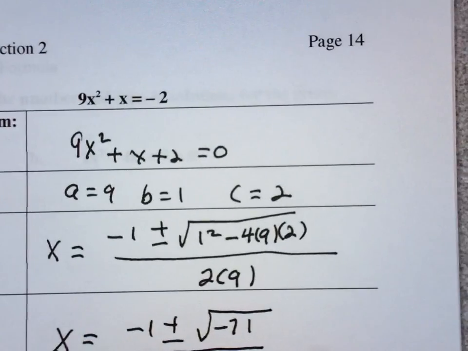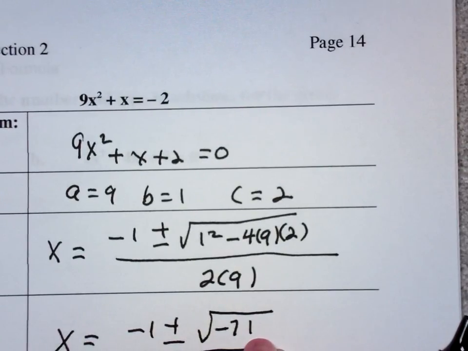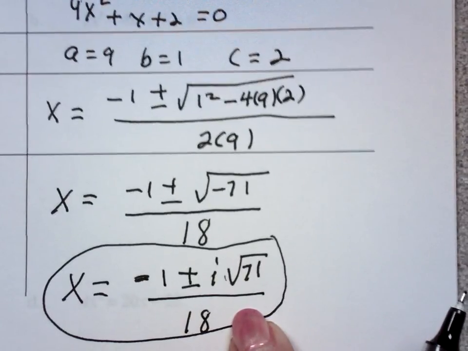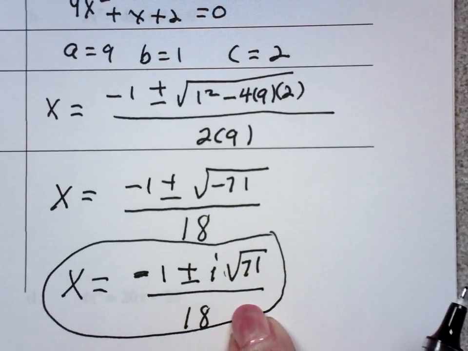If what's under the radical is minus 71, then I notice that what I have are 2 answers, but they are imaginary.